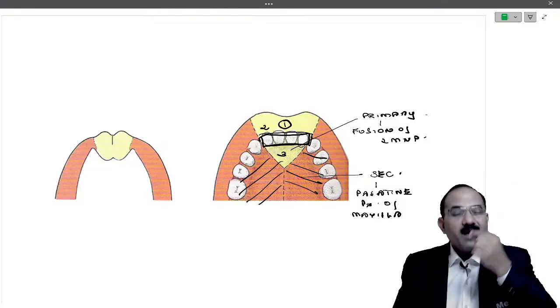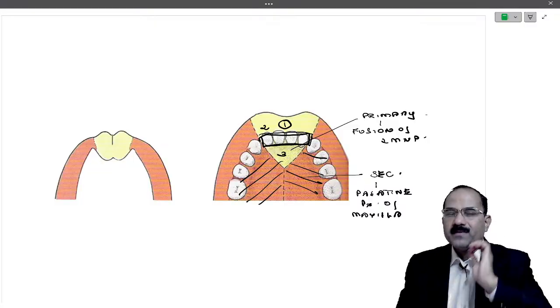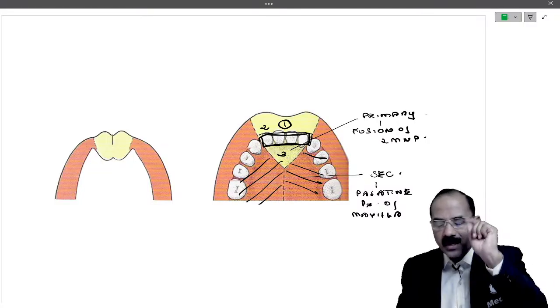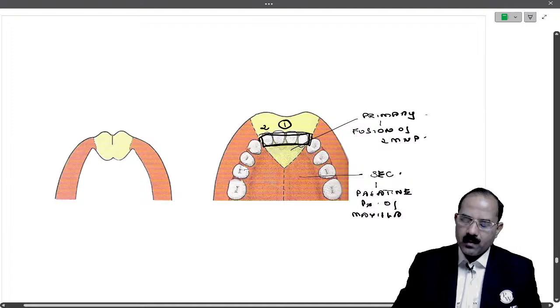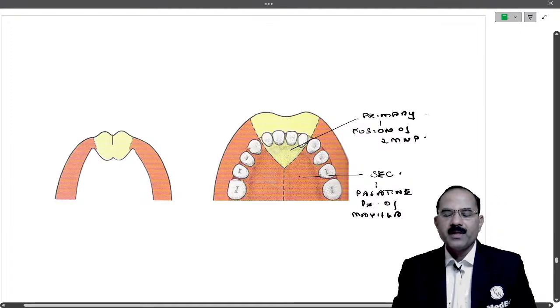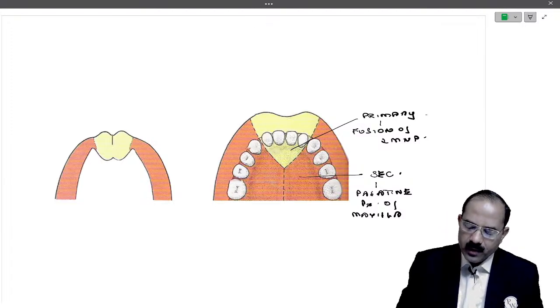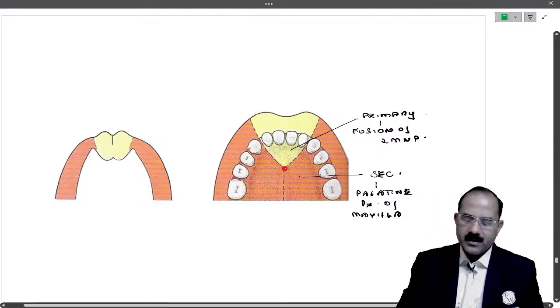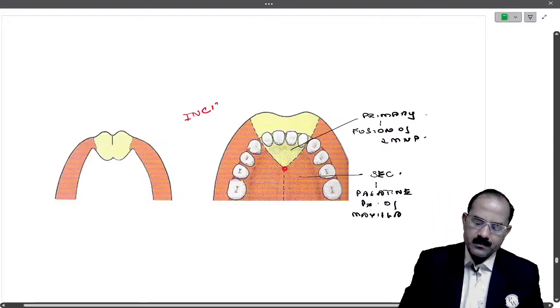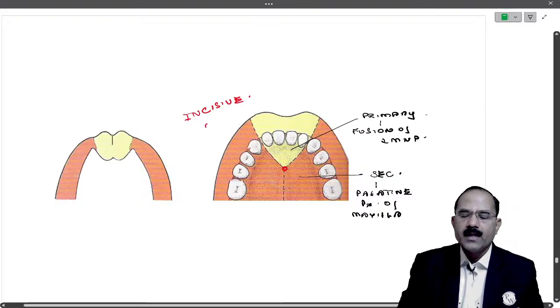And bacha, in us, there's a small foramen which helps us to differentiate the primary and the secondary palate. What is the name of that foramen? Anyone? This is the foramen here which differentiates the primary from the secondary palate, and this foramen is known as the incisive foramen.